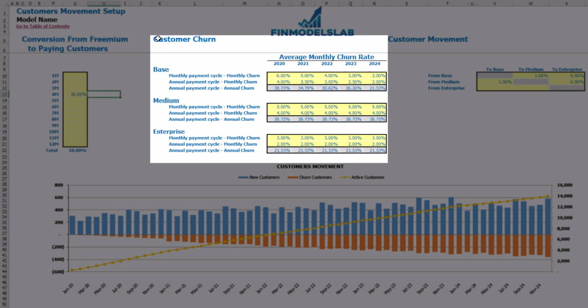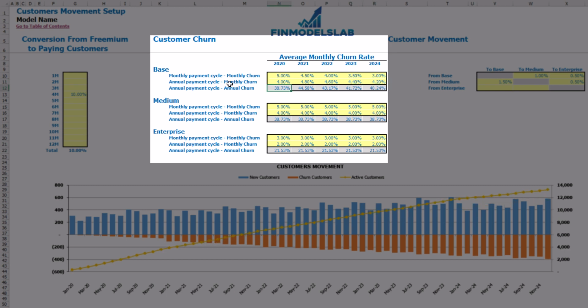So the next setup is customer churn. You have 3 offerings, which are base, medium and enterprise by default, and you should input the monthly churn rate by years for the monthly payment cycle and for the annual payment cycle. Let's say it's 5, 4.5, 4, 3.5 and 3% for the monthly payment cycle, and for the annual payment cycle it can be 4, 4.8, 4.6, 4.4, 4.2%.